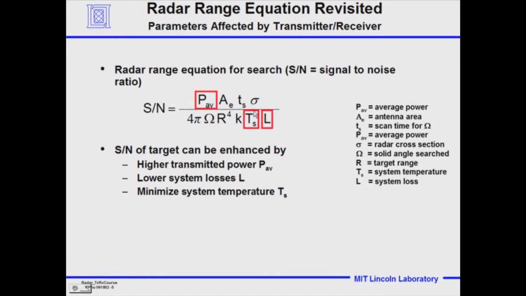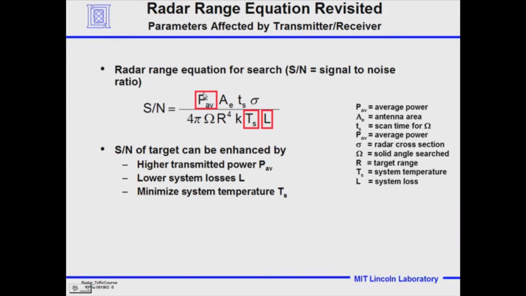And these two down below we want to keep as low as possible. We want the loss to be unity, and the system noise temperature to be low, and we want the losses to be zero, ideally, and we want the power to be infinitely high if we could.